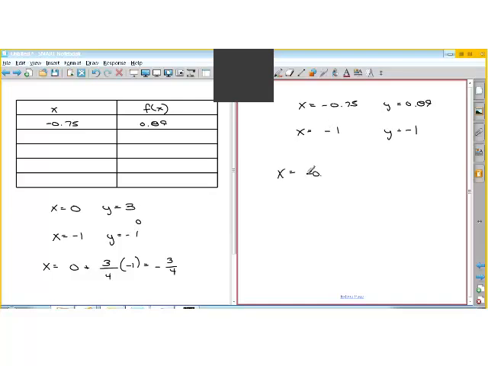And so my new guess is going to be -0.75 plus 0.89 divided by 1.89 times the distance, the x distance, which is 0.25.